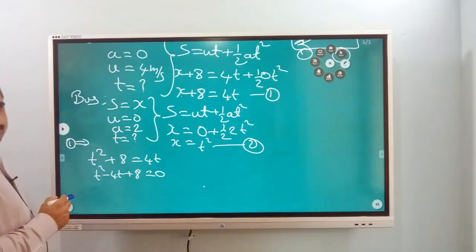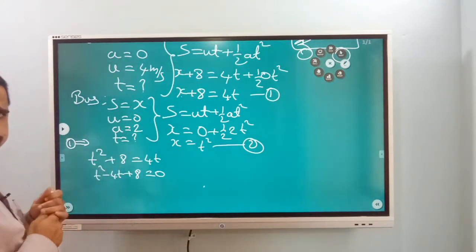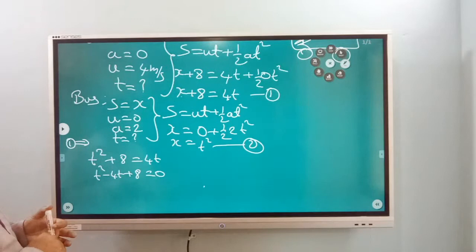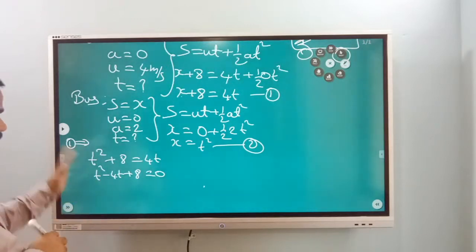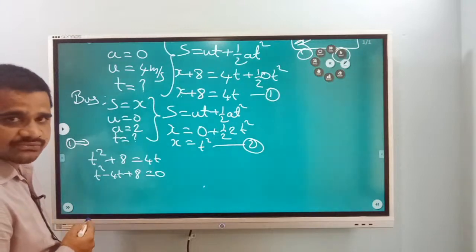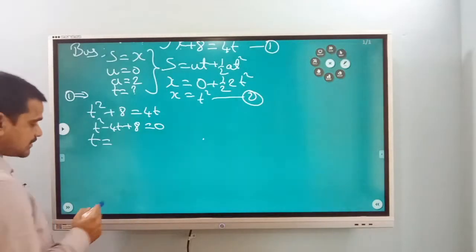Now what do you have? Tell me. Just calculate the t value. You know how to find the roots, right? Minus b plus or minus root of b square minus 4ac, by 2a.